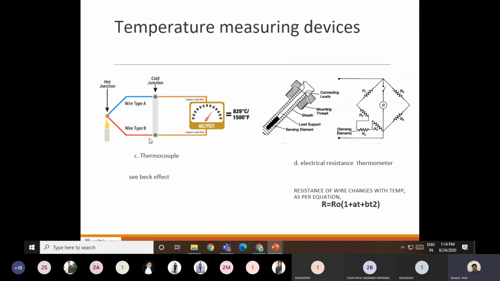The thermal current will flow through the other end of the junction, and at the other end a galvanometer or a potentiometer is fitted.